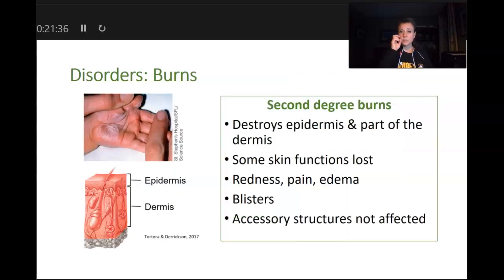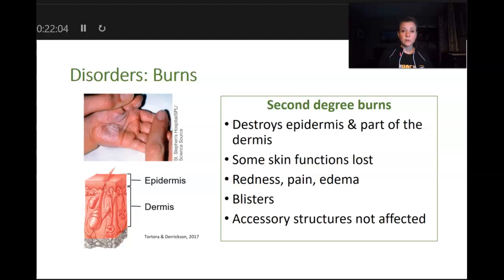A second degree burn, however, is going to destroy the epidermis and also a part of the dermis, and fluid will start to collect between the epidermal and the dermal layers. And so that's what a blister is. And you can see on the picture there that the child must have grabbed onto something that was hot. He's got a blister that is extending the entire length of his palm.